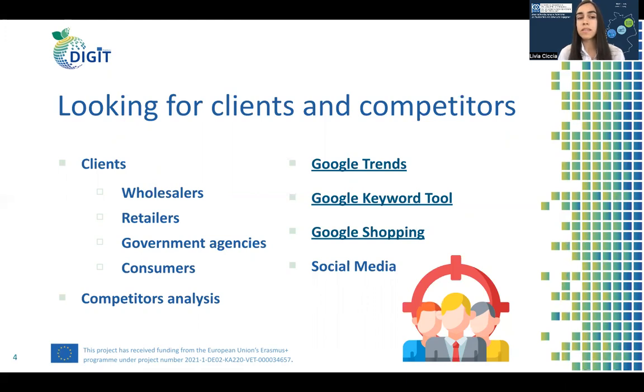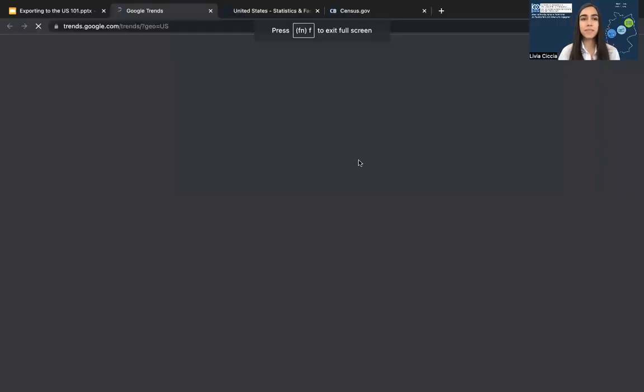After you have realized who your target customers are, you will need to analyze your competitors. To do that, you can do some Google searches, and we selected some great tools that will be very useful for you. The first one is Google Trends.